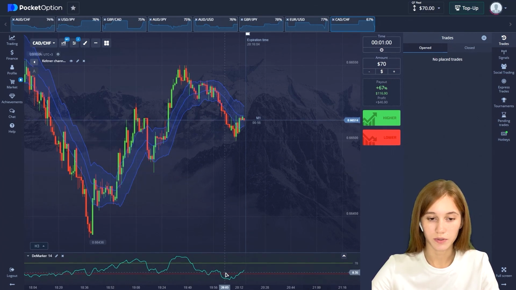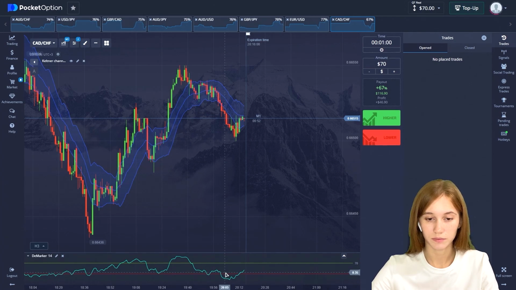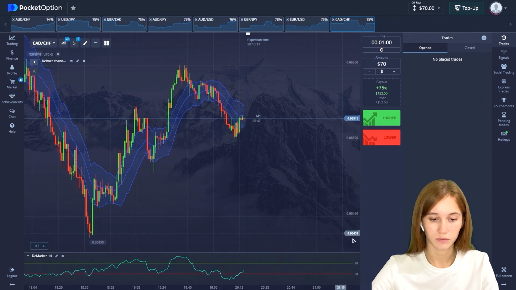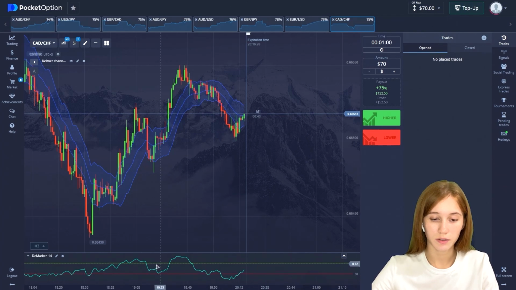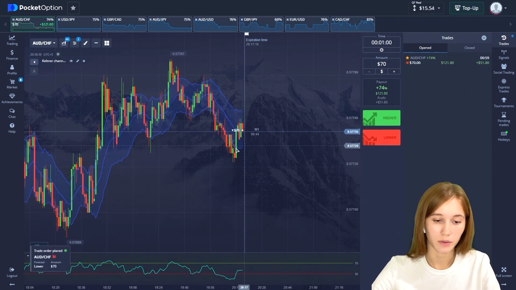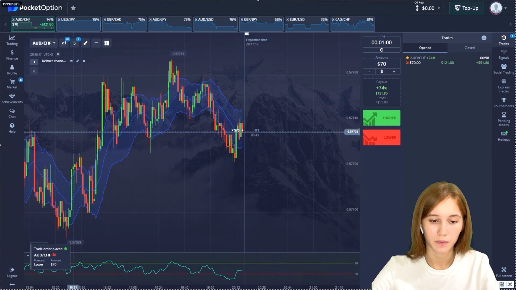So today we will use these two indicators. You see the chart for this indicator. So let's go on to the next concept and start our trading session.